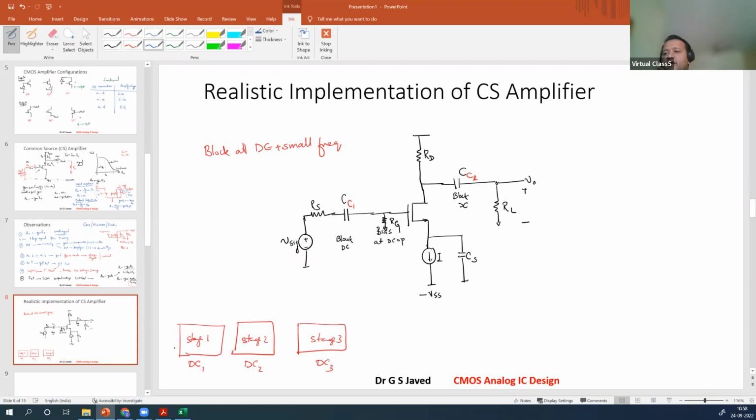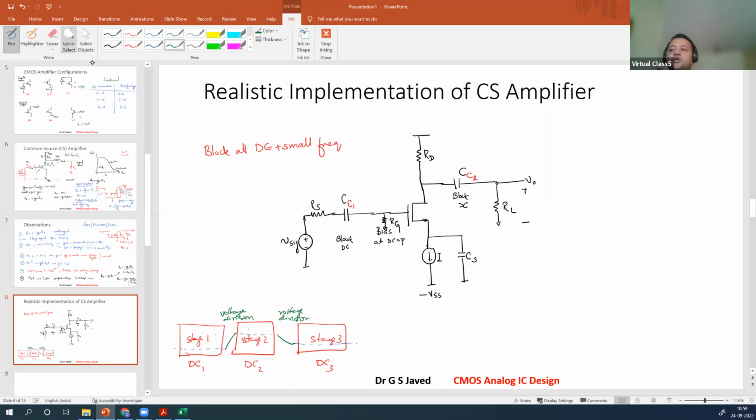Assuming this is the DC operating point here, and here, and here. Now, if these two get directly connected to each other, you will see voltage division here. Because of this voltage division, either stage 2 impacts stage 1 or stage 1 impacts stage 2.